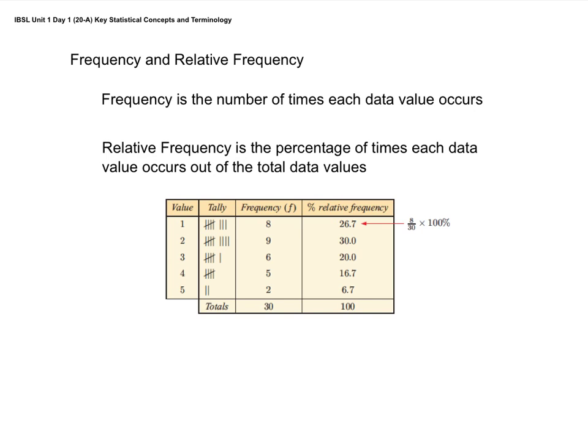Relative frequency is the percent of the time that that piece of data occurs. So here we had values 1 through 5 with these frequencies. Out of 30, 8 of them were 1s. So 8 out of 30 is 26.7%. That would be its relative frequency.